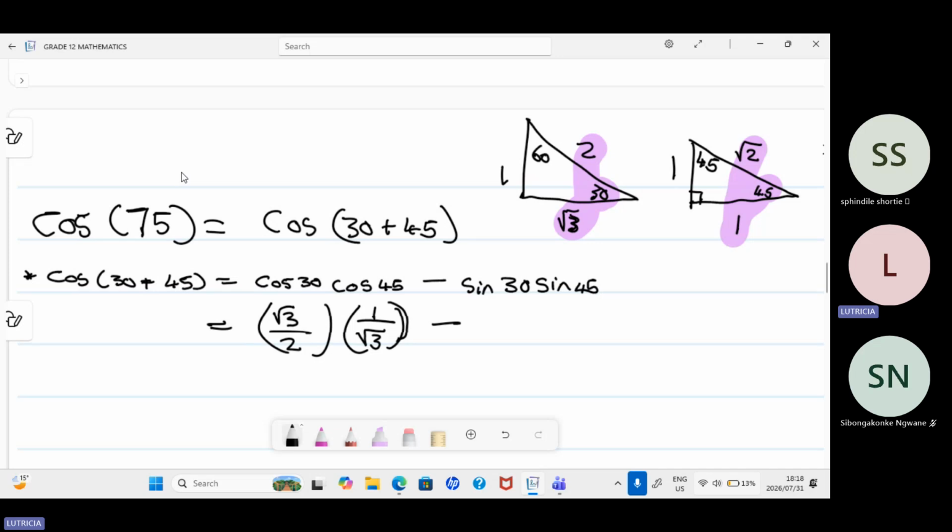Okay, so I'll just do this one for us. It's going to be 1 over 2 multiplied by, I made a mistake here, it's actually 1 over root 2.